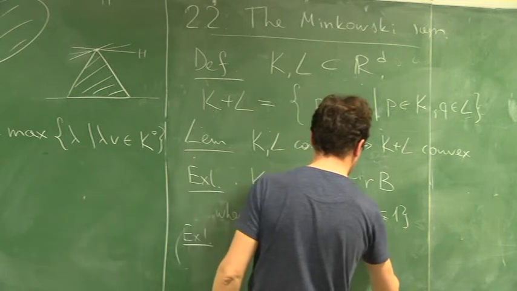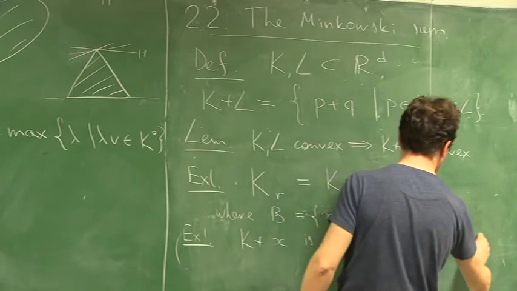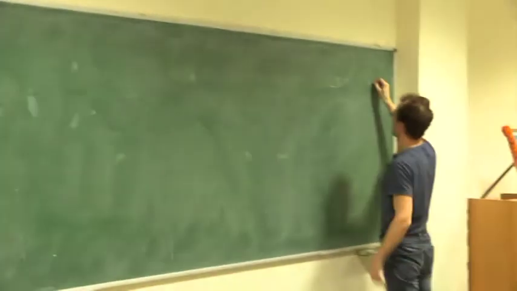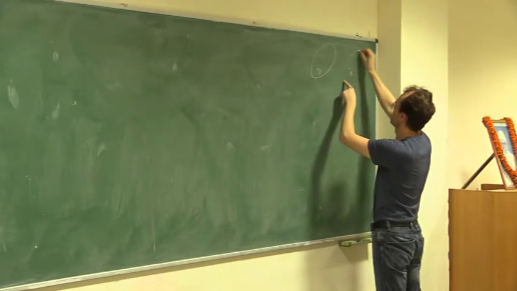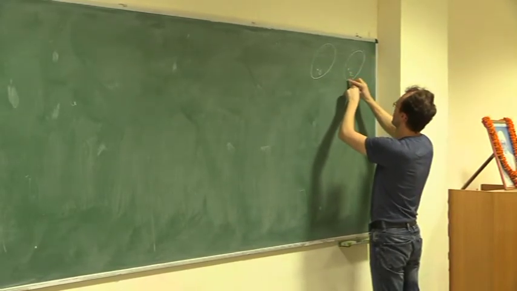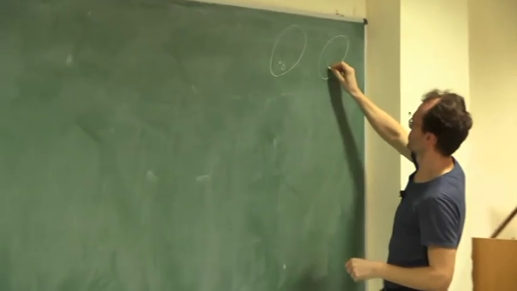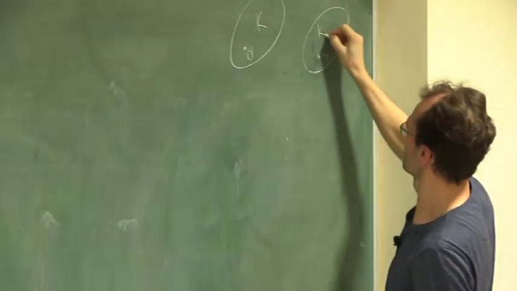Maybe a picture for that: if you have the body K and 0, say, lies here, and then somewhere I have the point x, all in the same plane, then K plus x is just a copy of this body, but where x takes exactly the same position as 0 has taken here. So this is K, this is K plus x.